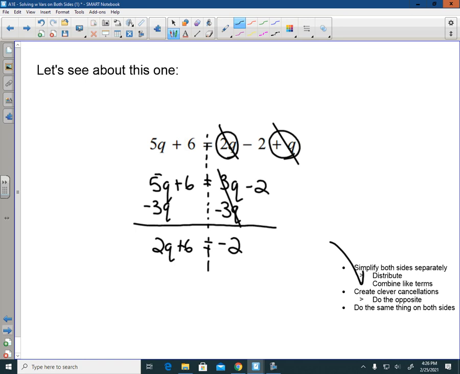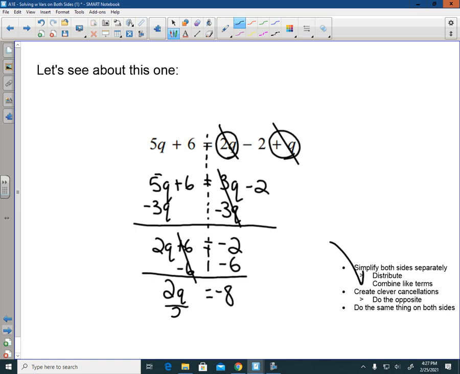It didn't go anywhere. Now we've got 2q plus 6, so how about we subtract 6 from both sides? That creates this cancellation, and as long as you're creating a cancellation, it's hard to go wrong. 2q is left over equals -2 minus 6. Starting at -2, going 6 more places in the negative direction takes us to -8.